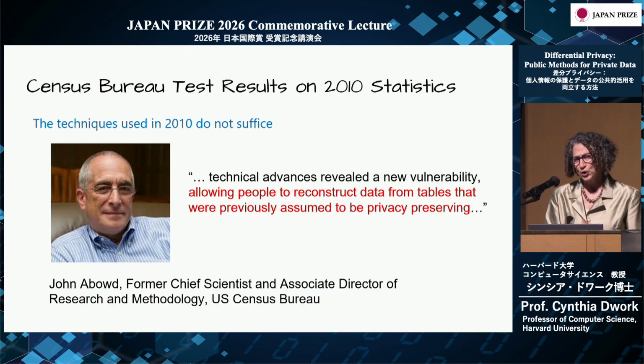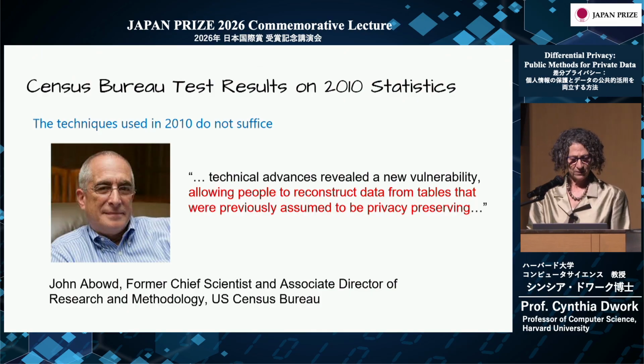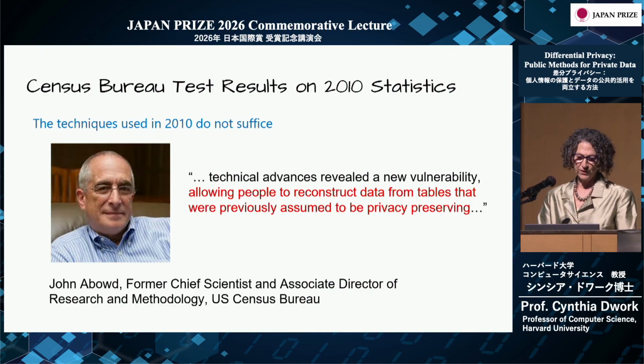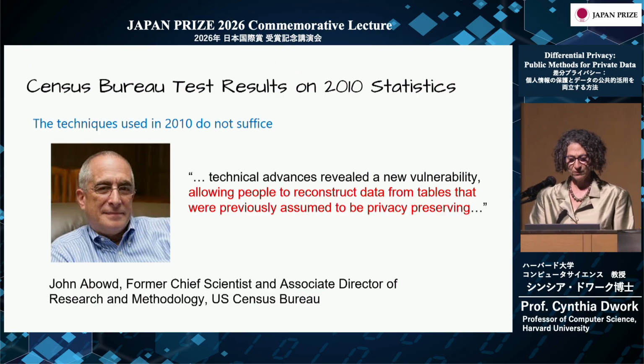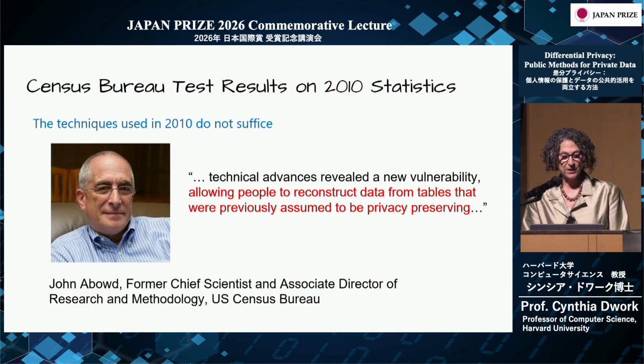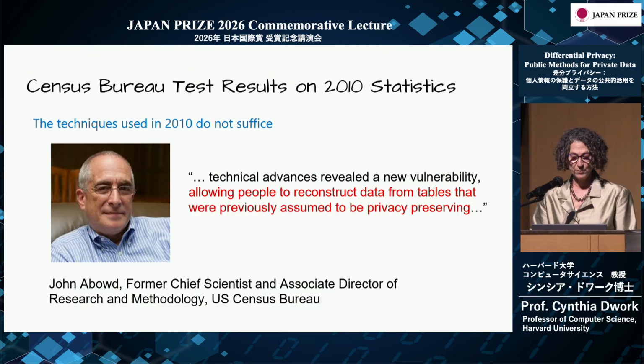So their conclusion was, in the words of John Abowd, the former chief scientist at the Census Bureau, that technical advances revealed a new vulnerability, allowing people to reconstruct data from tables that were previously assumed to be privacy-preserving.